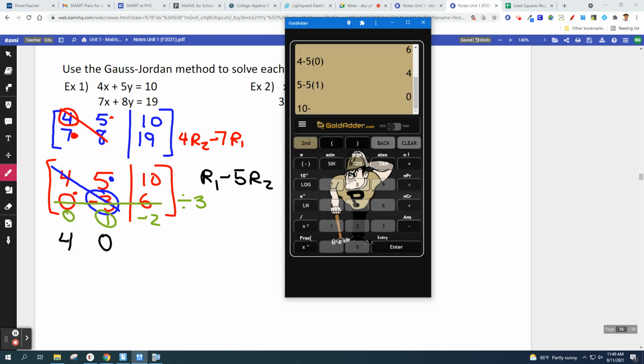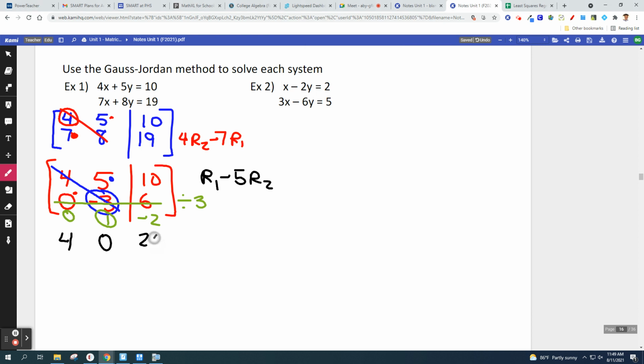Row 1 minus 5 of the row 2's -2: 10 plus 10 is 20. So that's my new top. My bottom's good. Just leave it alone. 0, 1, -2. That's good.